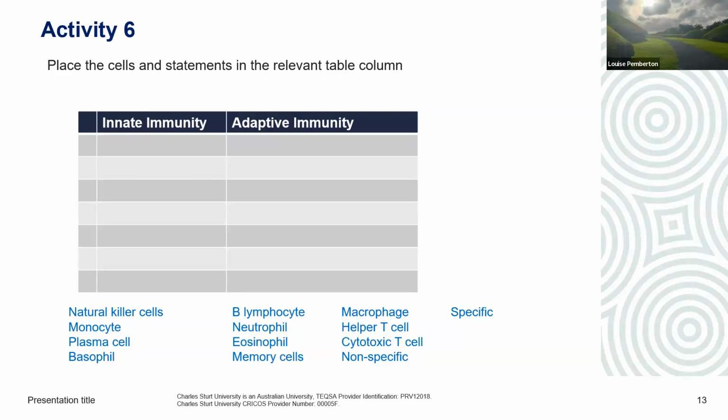Where would you put your plasma cell? Adaptive. And the basophil? Innate. B lymphocytes? Yeah. Neutrophils and eosinophils? Yeah. Memory cells? Macrophages?